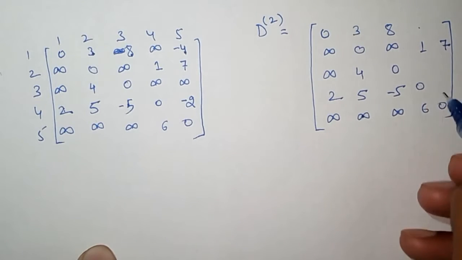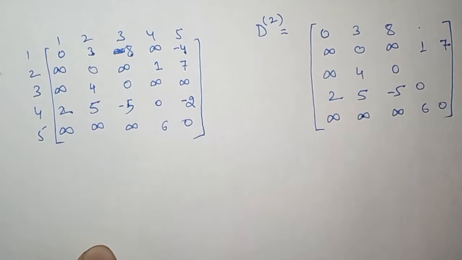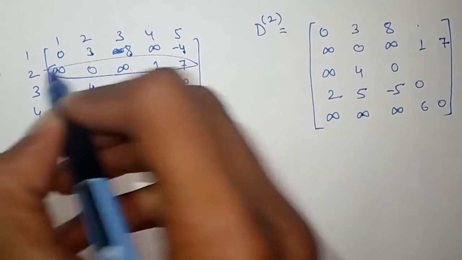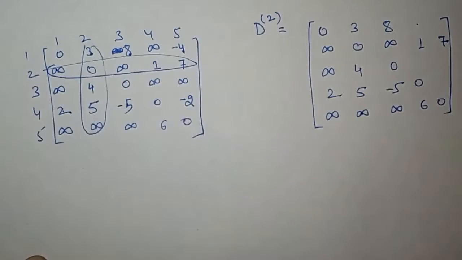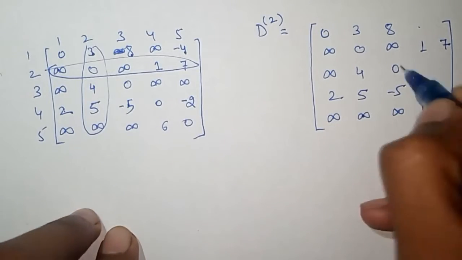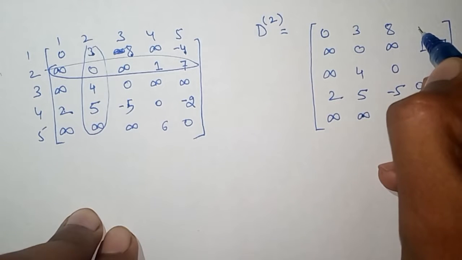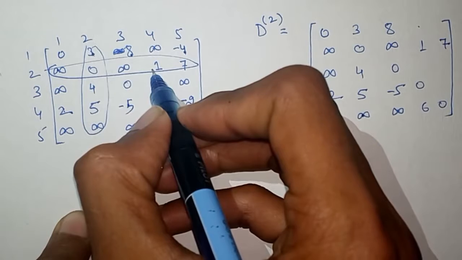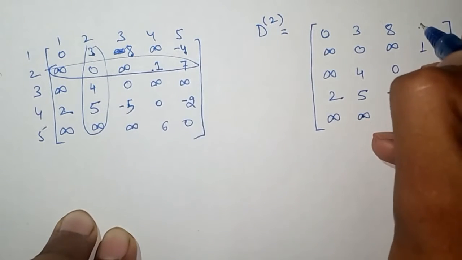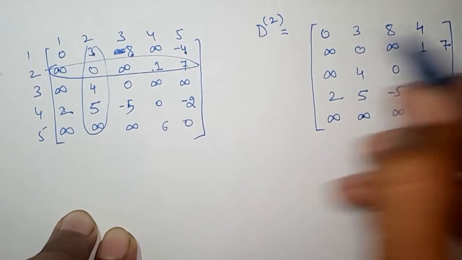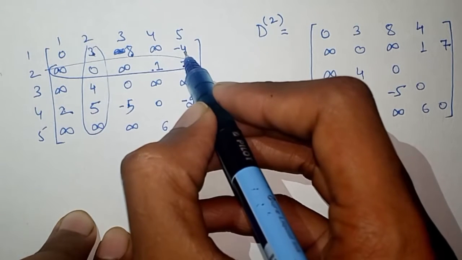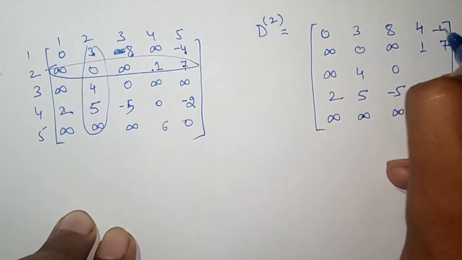Now the remaining elements can be found using the same hack. For the second row and second column of the D1 matrix, this element comes out to be 3 plus 1 is 4, which is less than infinite, so here comes 4, and 3 plus 7 is 10, which is not less than -4, so there is no change in this element.